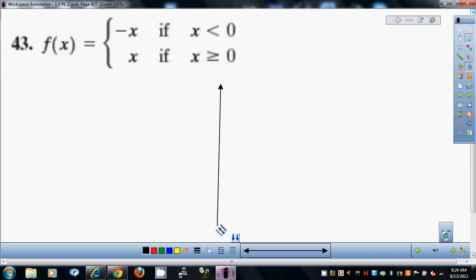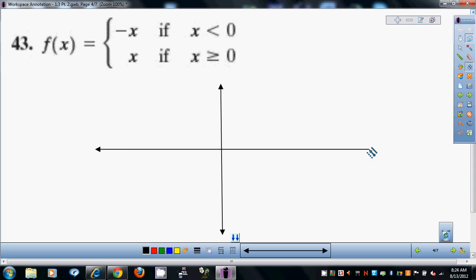What you need to do is find the breakpoint and then graph each piece of the function, maybe 3 or 4 points on either side of it. So where does this thing split? At what x value does this function split? 0. Very good. 0.